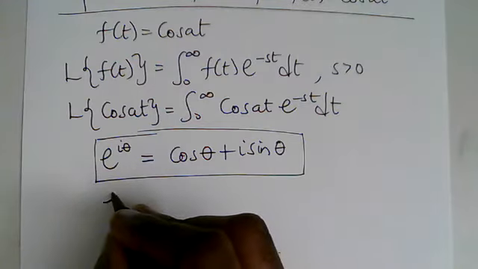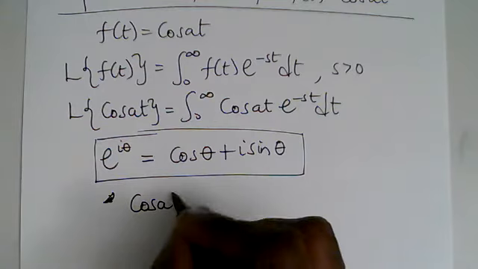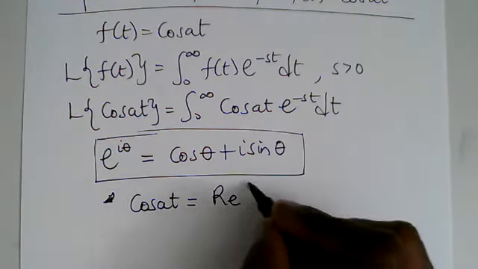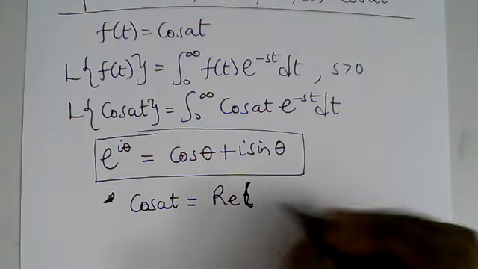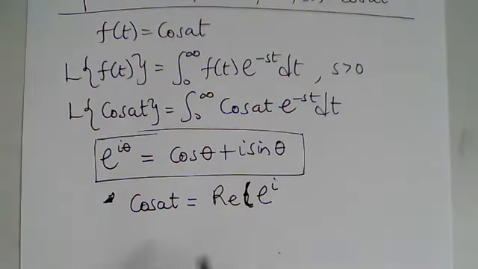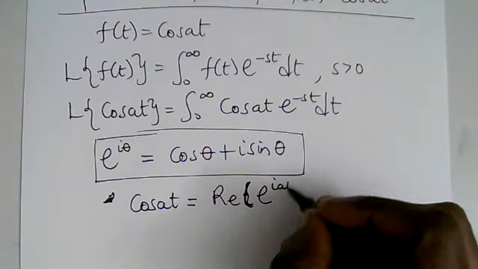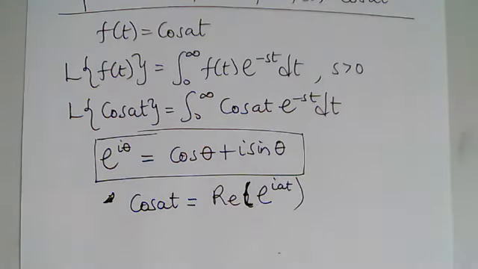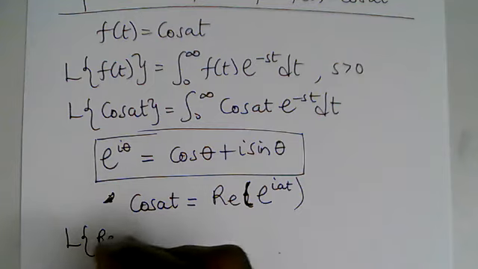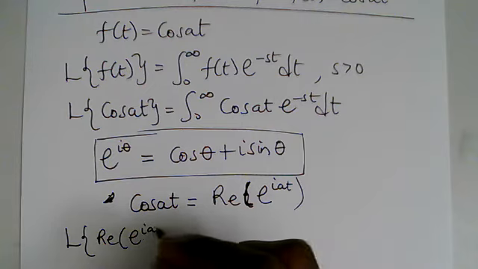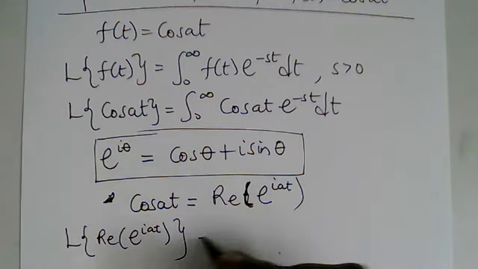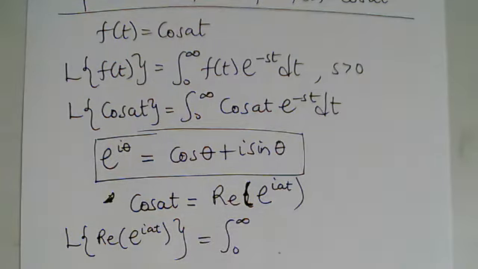I'm going to write cos at as the real part of the Euler formula. Here it is theta, but what we are actually dealing with is at. So I'm going to replace cos at by the real part of e to the power i at, and then, just as we've been doing, use the definition.